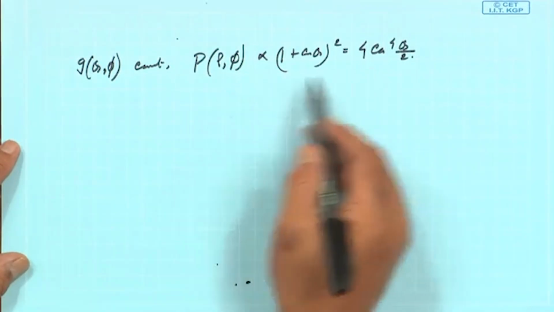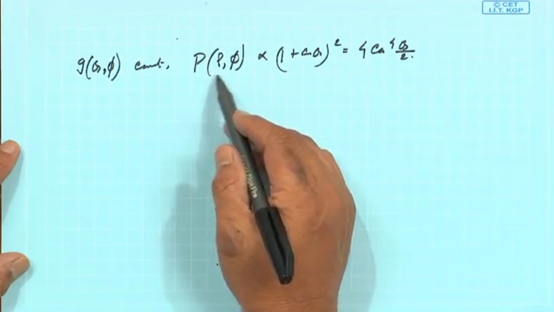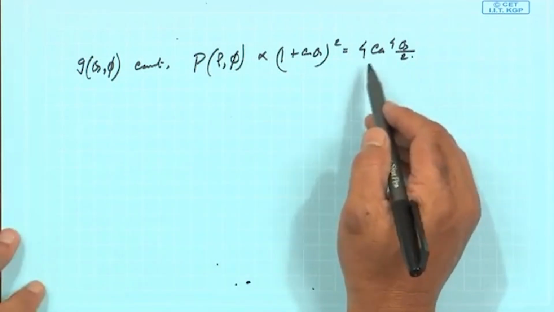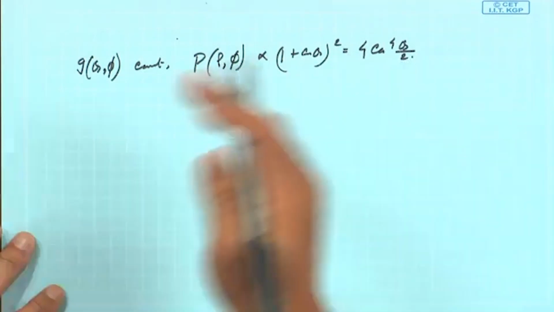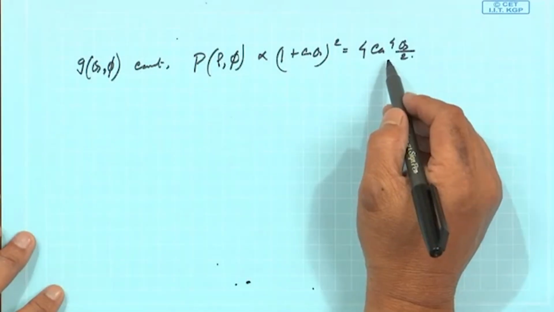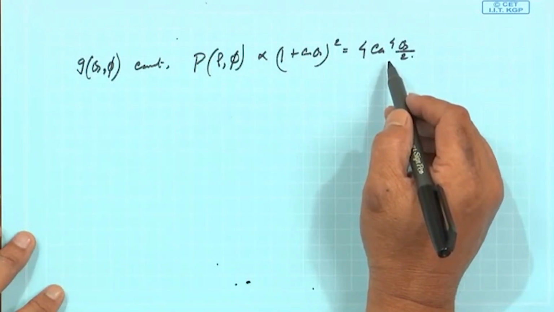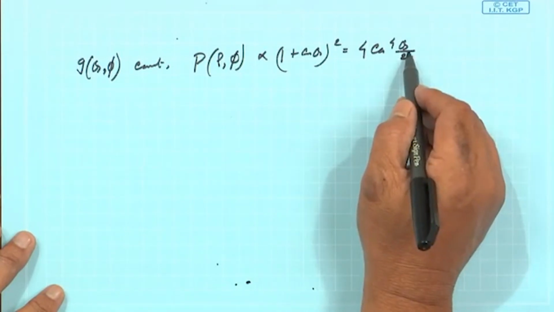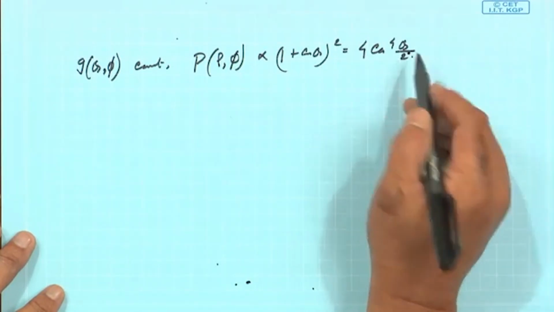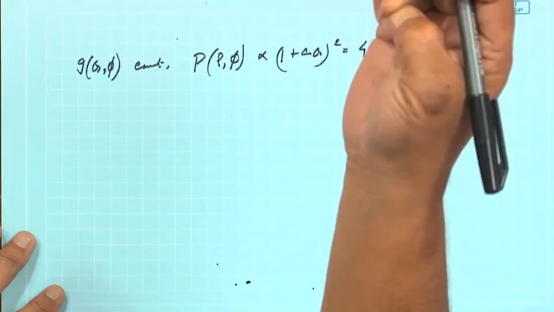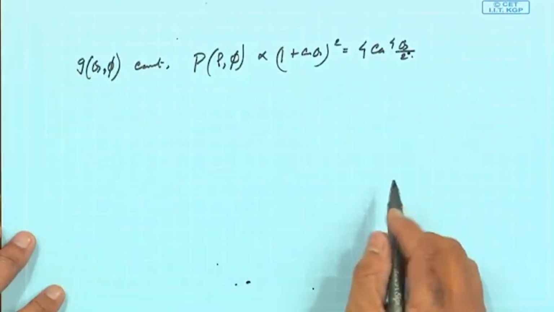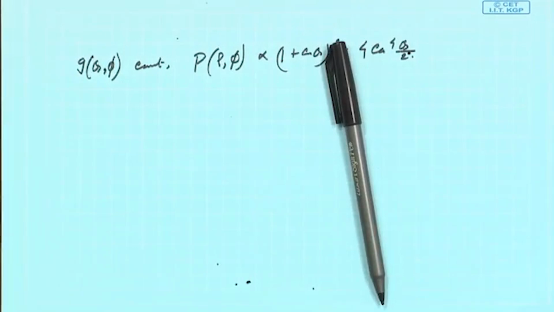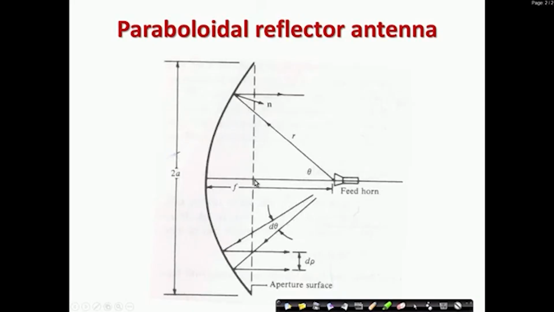So, that says that the aperture is not getting uniformly illuminated. So, there is a distribution, and the maximum aperture field, that is obviously power, is obviously at theta equal to 0. So, compared to the center, at the edges of the aperture I get minimum radiation and at the center I get maximum radiation.